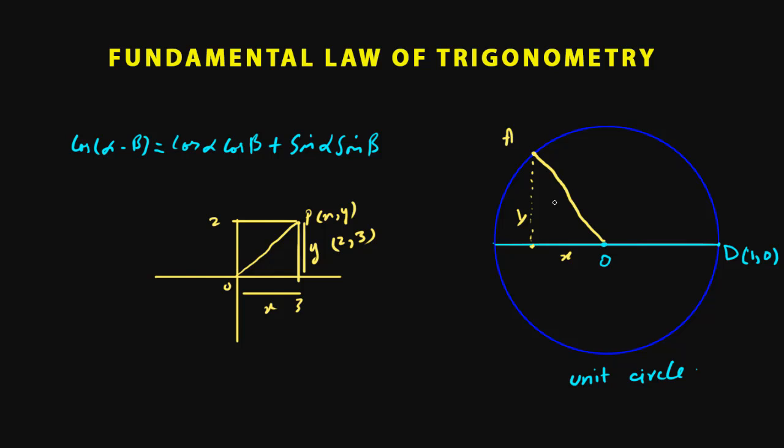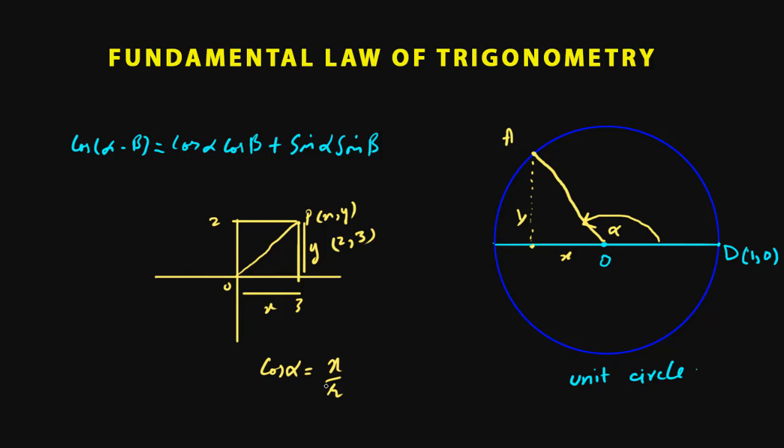What is the coordinate of point A in that circle? For finding the x value we use cos, and we should also define the angle here. We will say that this angle is alpha. Now cos of alpha is equal to x over r, base over hypotenuse.